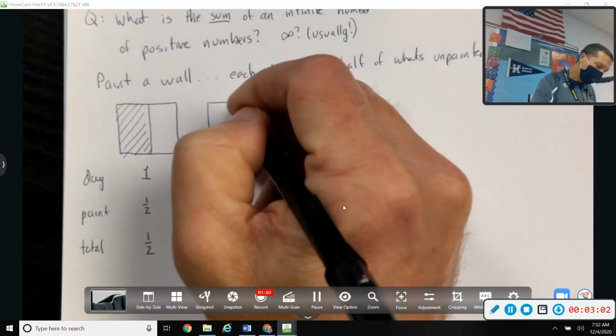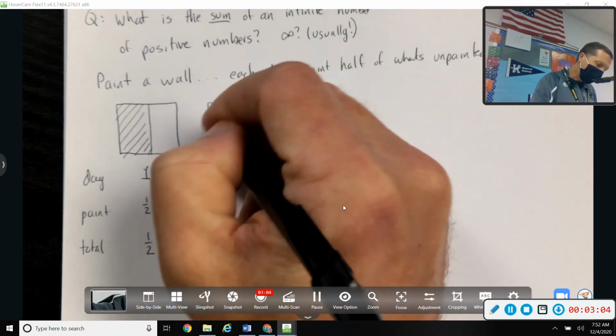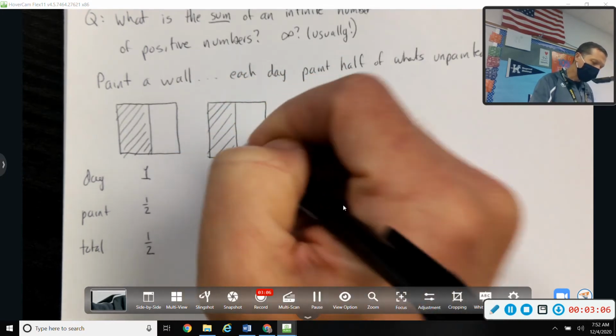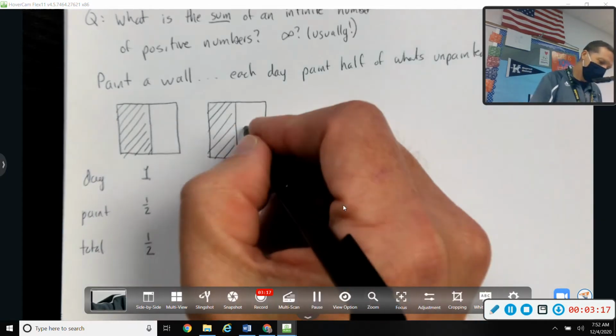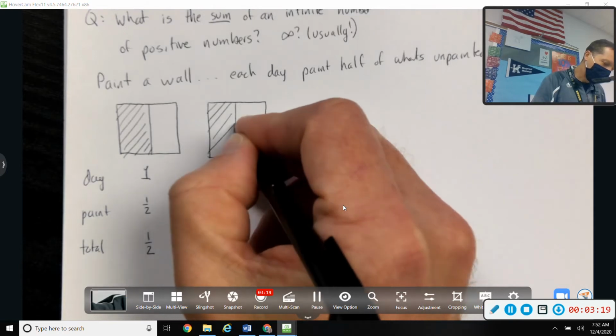All right, on day 2, we wake up and half the wall is already painted. That's good news. Now, normal folks would just paint the other half of the wall and be done, but that's not us. We don't want to do that. We want to take it easy today. We only want to paint half of what's left. So here's half of what's left.